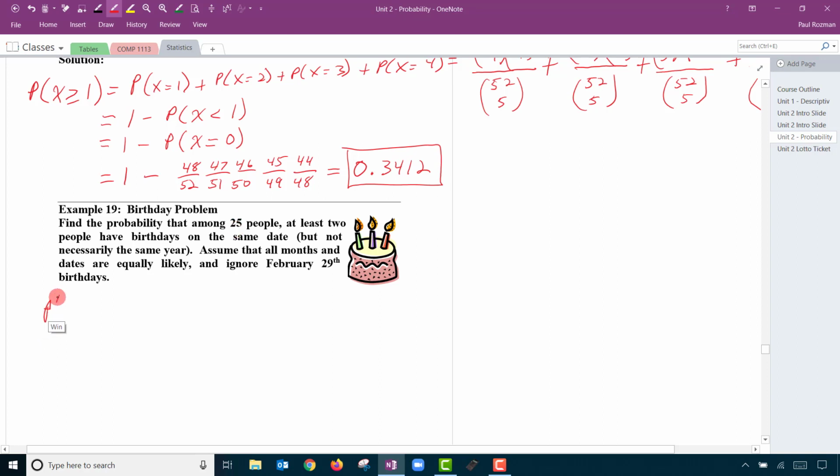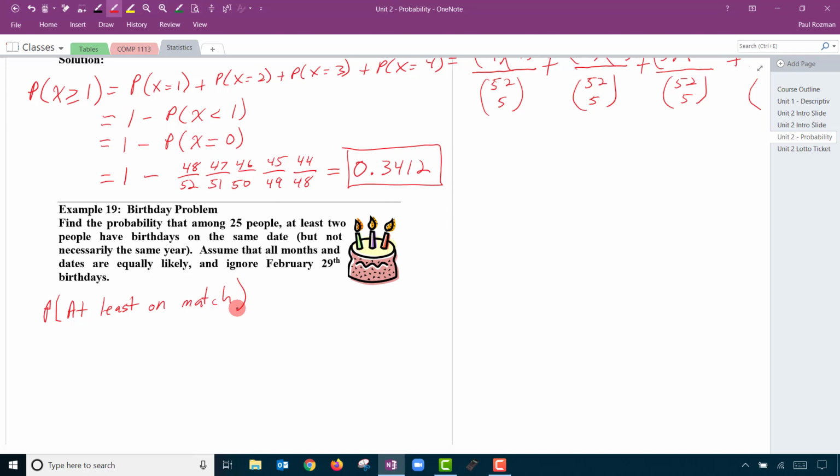So let's try to find the probability that we get at least one match in the class. So at least 2 people have the same birthday. At least 2 people match. Now that would be really hard to try to do directly.